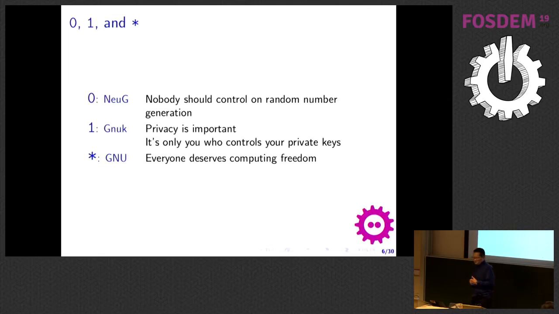So 1 represents my Gnuk project, and all means the GNU project, and it means that everyone deserves computing freedom. So that is kind of my catch copy of my work: 0, 1, and all.